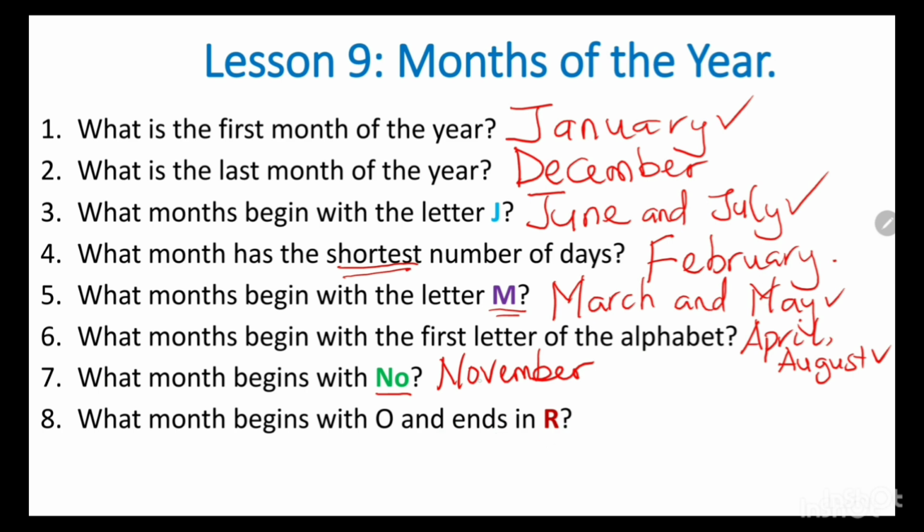Look at all of these months we've seen here, from number 1 to number 7. January, December, June, July, February, March, May, April, August, November. But there is a month that begins with O and ends in R. Do you know what that month is? October. Did you get it right?